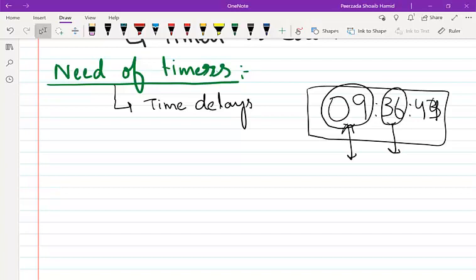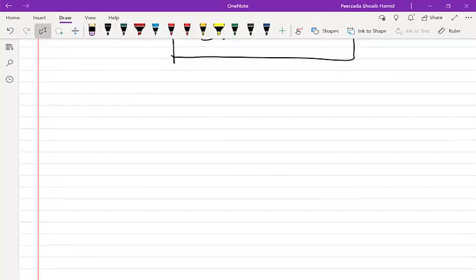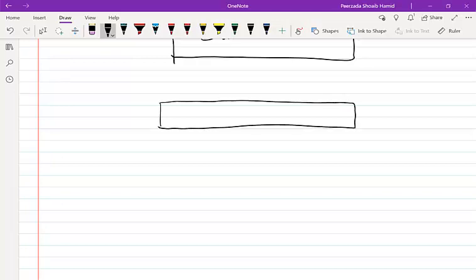Or in the case of counters, this register auto increments itself after the occurrence of a particular event. So basically we have a register, and we call it a timer; it's a counter register.